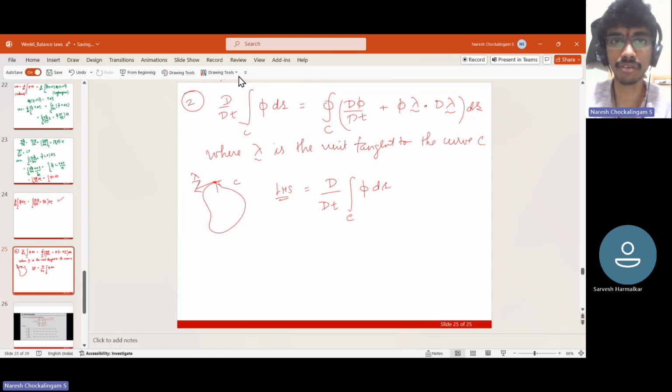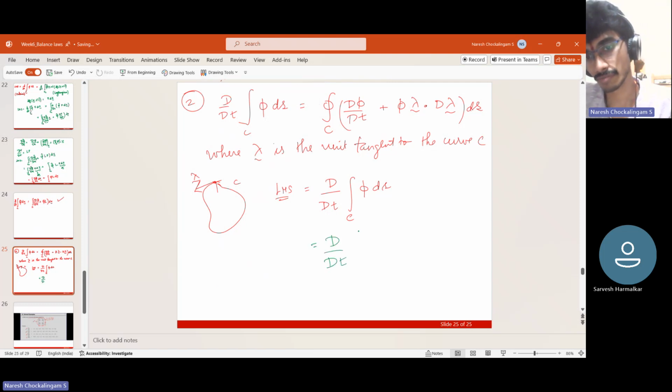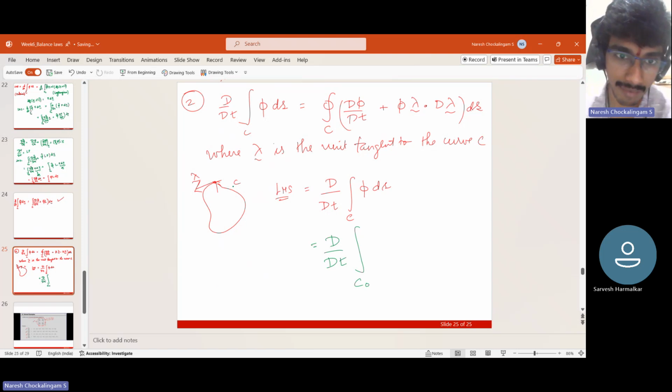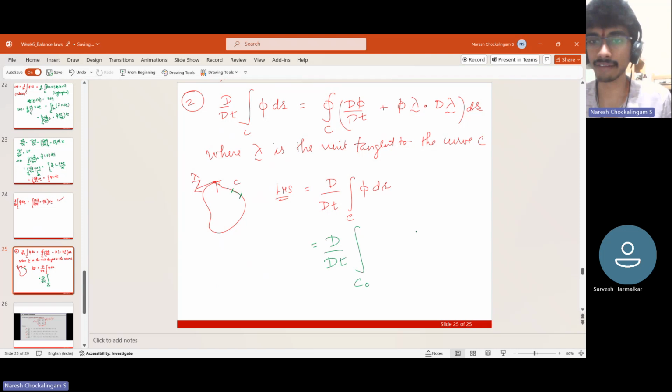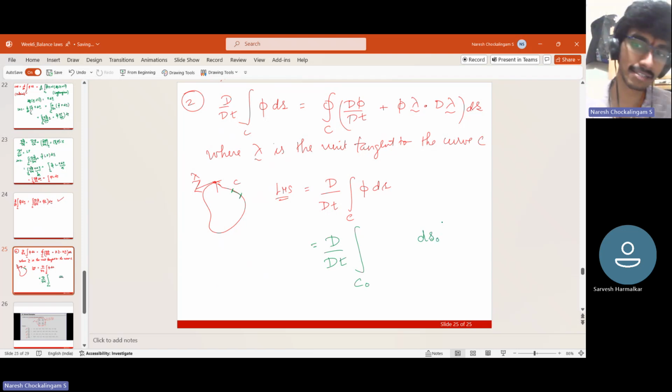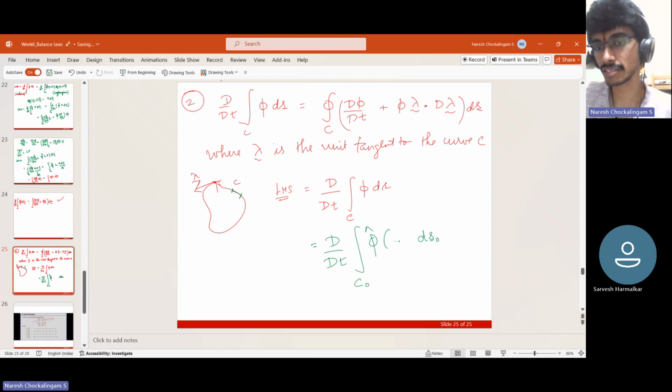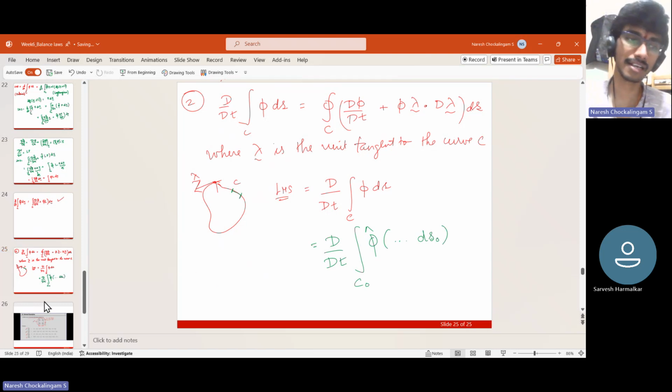I'll change the color to green. So this will be d by dt of the integral over C naught. Here ds is an infinitesimal segment in the deformed coordinates. Going back to the reference configuration, what should I have here? ds naught. The integral should be over ds naught. But how are ds and ds naught related? We'll come to it. So phi will become just phi cap, and here there should be something times ds naught. Let us see what it is.